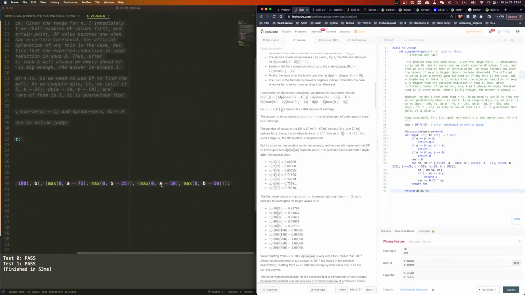I mean, I didn't even put everything there. Oh, I forgot one. 75. 0 B minus 25. Nope. It's not correct. What if we don't do this? This one, right?